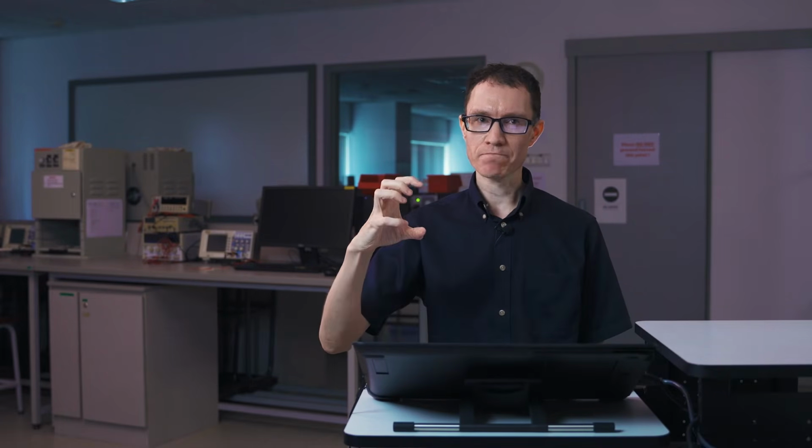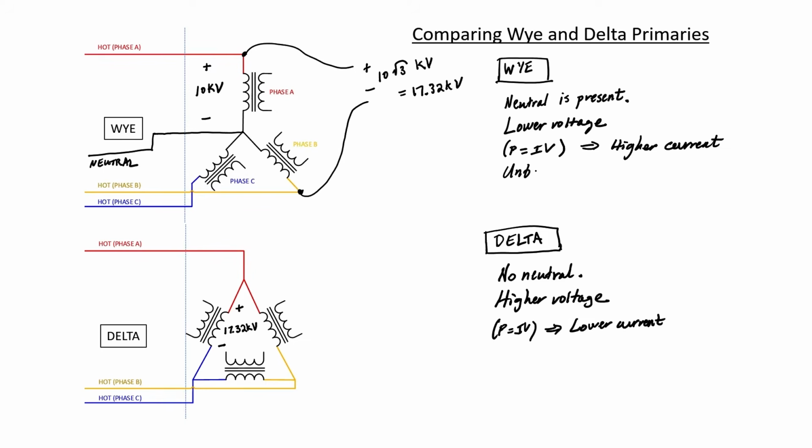Let's now consider what would happen if the load for each of these two configurations were hypothetically unbalanced. What would happen, for example, if the load on phase A has a different resistance than the load on phase B? Well, first of all, if we have the neutral present in the system, then if the load is unbalanced, there would be current flowing in the neutral in order to balance out the currents.